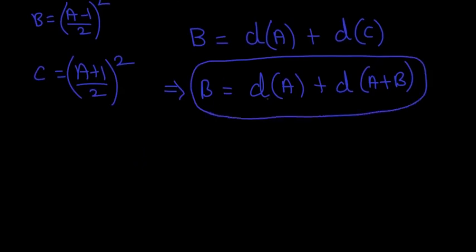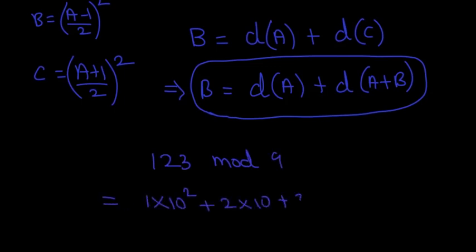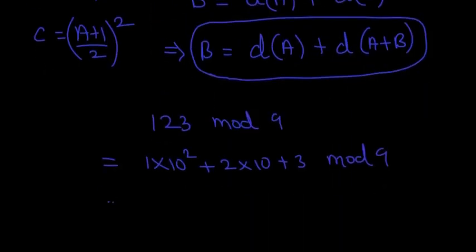At this point, I want to note one thing. That is, note D of A is the sum of the digits of A, and I want to note this observation. For example, consider 123 mod 9. This is 1 into 10 square plus 2 into 10 plus 3 mod 9. Right? Okay. 10 mod 9 is 1, right? So we have 1 plus 2 plus 3 mod 9. This is because 10 mod 9 is equal to 1.